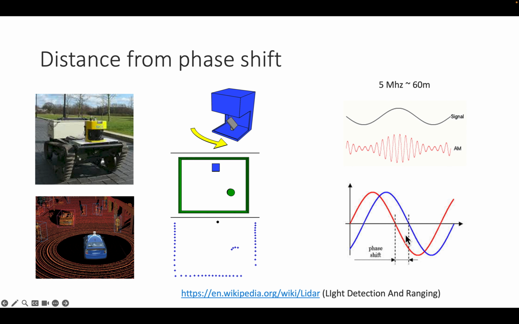As it gets reflected, I can see that there is a phase shift in that wave, and that is what the laser scanner is actually measuring very quickly. So the laser scanner does not measure the time of flight, which now also exists, but actually measures the phase shift of a modulated signal. In this case, the signal has a frequency of 5 megahertz and a wavelength of 60 meters, and with that I can measure distances up to 30 meters ahead.